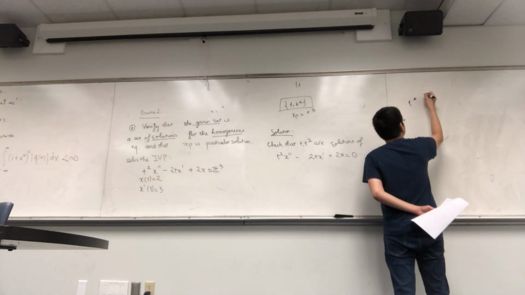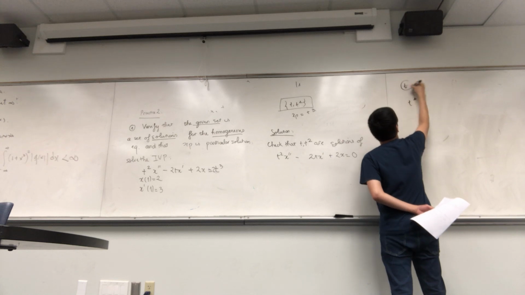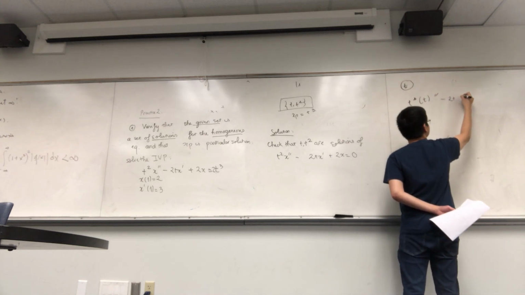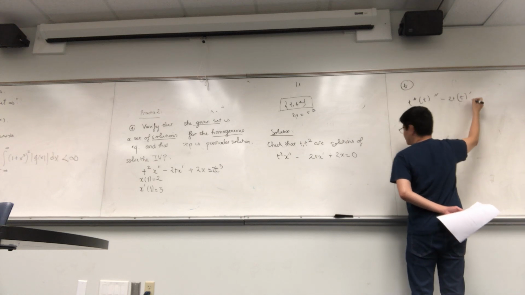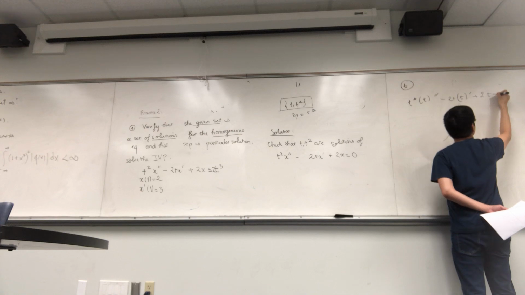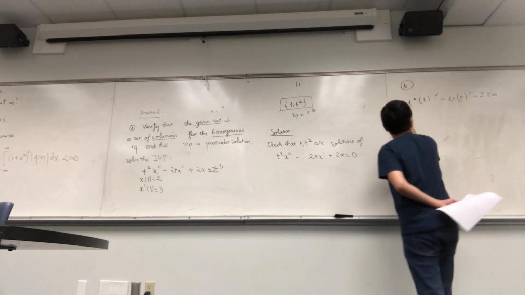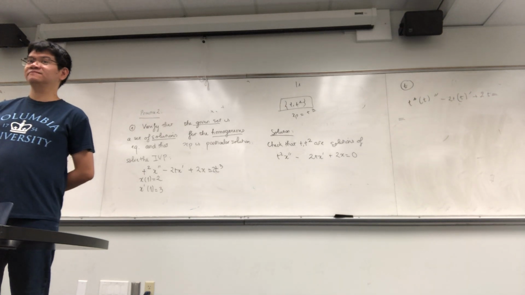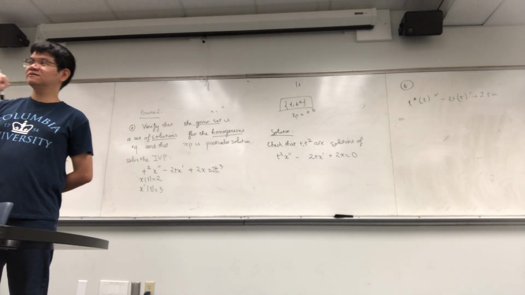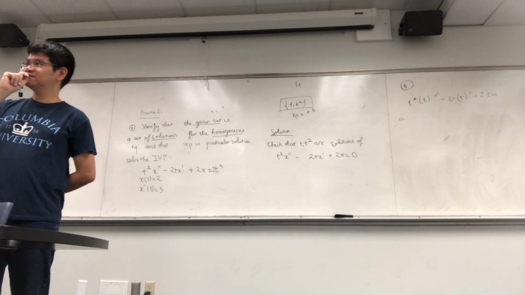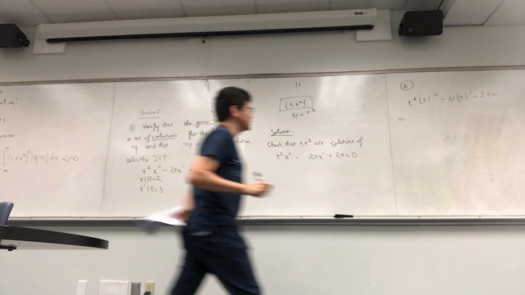We have t squared. Now let us start with t. So t squared times t double prime, minus 2t times t prime, plus 2t. What is the second derivative of t? 0, yes.